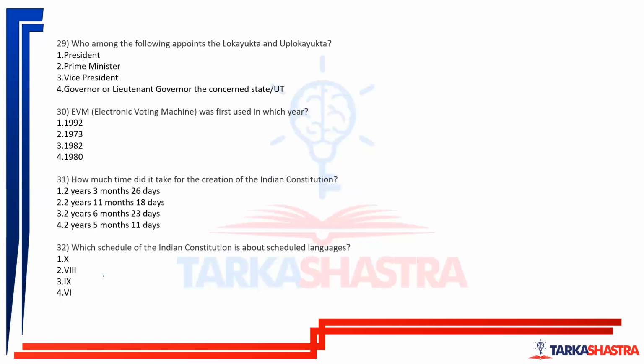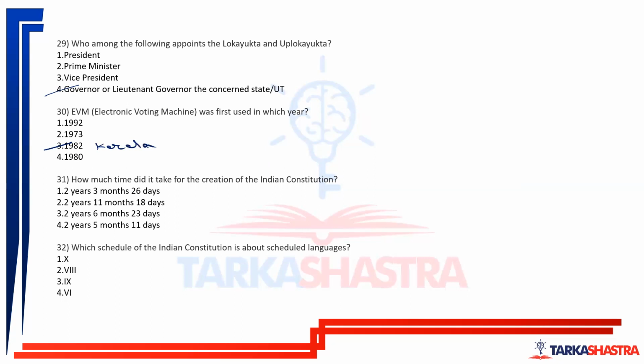Who appoints the Lokayukta and Uplokayukta? They are appointed by the Governor or Lieutenant Governor of the concerned state or union territory. EVMs were first used in 1982 in the state of Kerala.